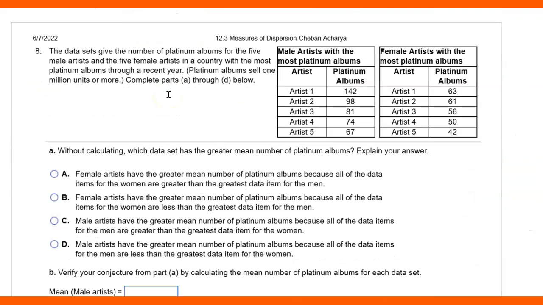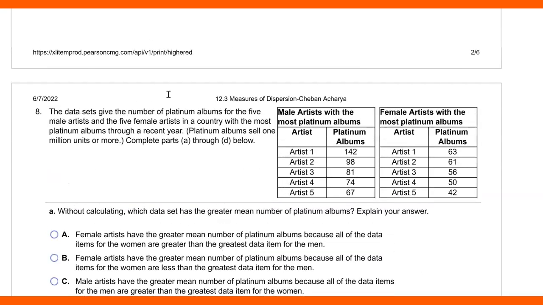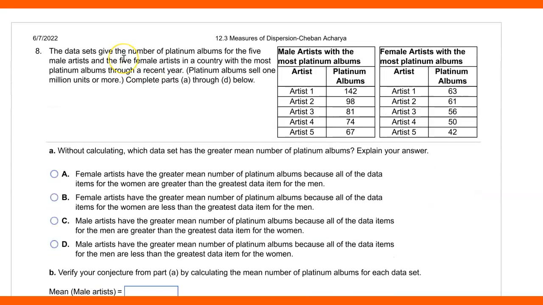Okay, question number 8, and there are 2 sets of data here. The data sets give the number of platinum albums for 5 male artists and 5 female artists in the country with the most platinum albums through a recent year. Complete parts A through D below. Part A. Without calculating, which data has the greater mean number of platinum albums?